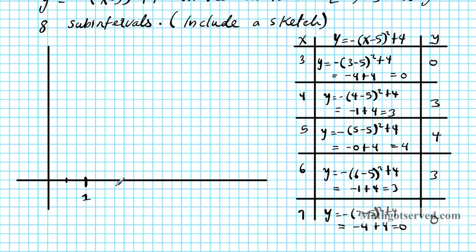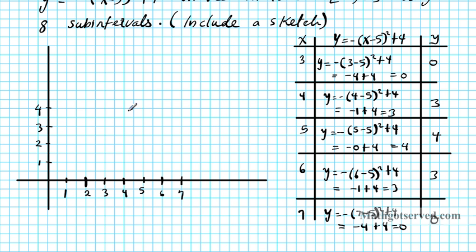Let me allow 2 tick marks to be 1, or else I'm going to run into problems here. So let's call this 1, 2, 3, 4, 5, 6, 7. Okay, that's the range for my x. And then for my y, I'm just going to go all the way up to 4. So let's call 2 boxes 1, 2, 3, 4. Okay, so that's how high my parabola is going to go.